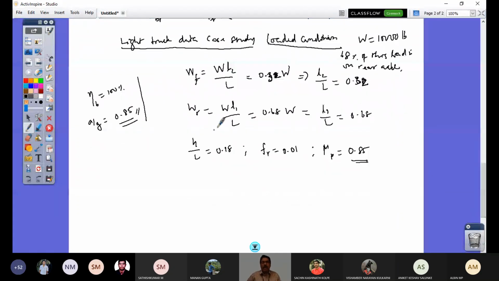So if I substitute these values now, what is that? I get KBF by KBR, right? I would get L2 by L, so that's 0.32.